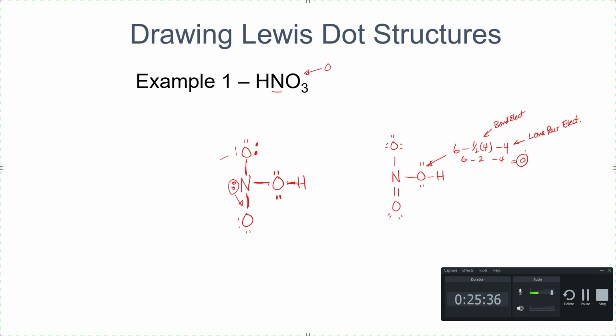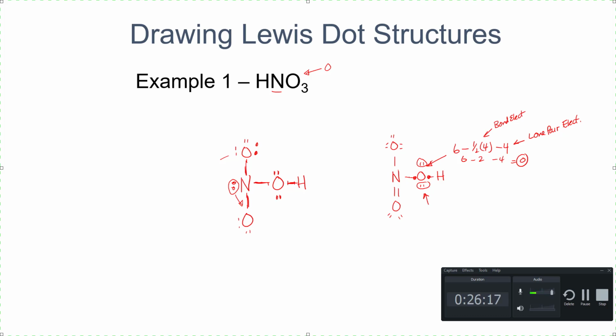Now, that formula will always work, but here's another way to think about this, and that's part of my job, to give you different ways to think about it, and part of your job then is to figure out what works for you. So in this case, what I like to do is say this oxygen came with 6 valence electrons. How many does it now own? Now, ownership is different than sharing. This oxygen owns these 4 outright. And it owns 1 of the electrons in each of these 2 bonds.